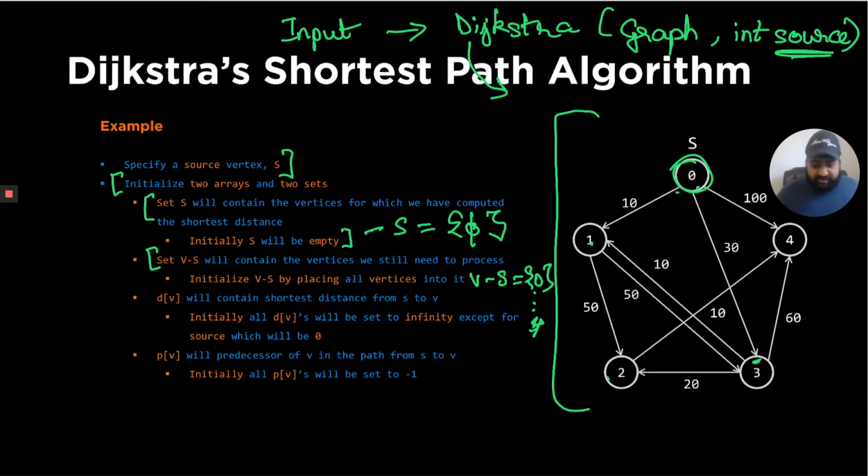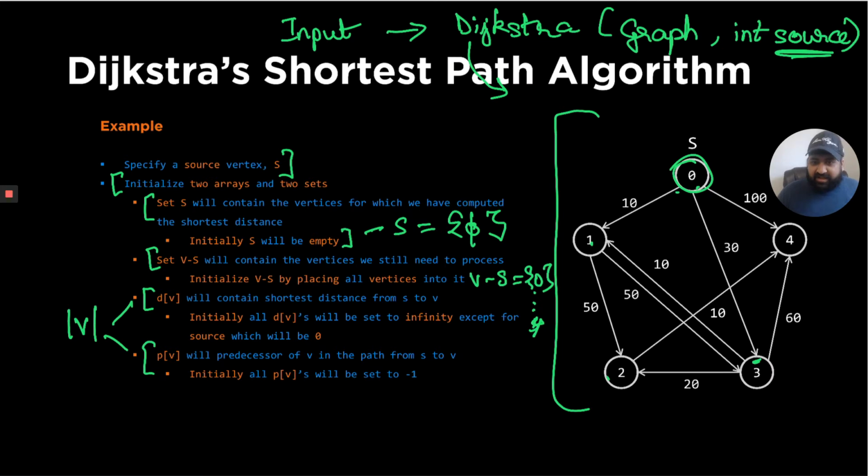Next, we have 2 different arrays. The first one is called DV and the second one is called PV. The size of both of these arrays is going to be equal to the number of vertices. Here in this graph on the right, the vertices are labeled 0, 1, 2, 3, 4 for the sake of simplicity in the worked example.